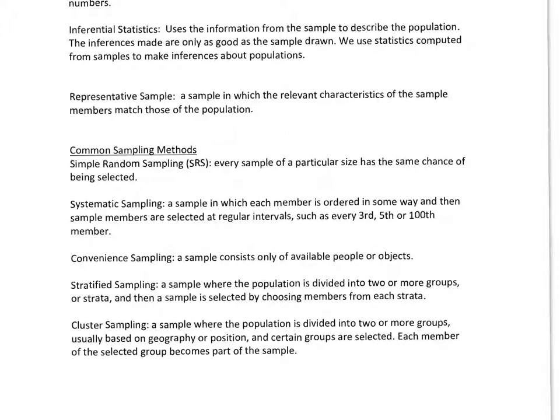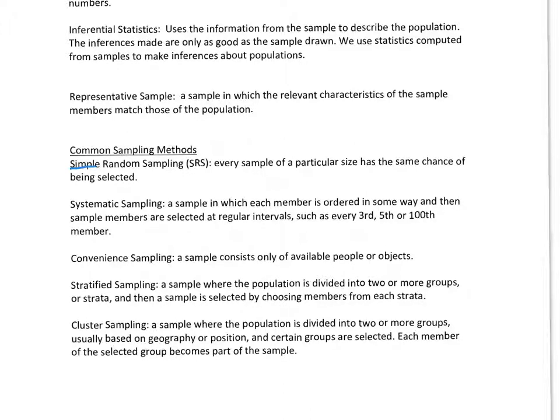You have the definition. I don't think the definition is very helpful by itself. But for simple random sample, think about the simple part. The simplest way for you to randomize is for you to take, say, a list of names, put them on little pieces of paper, and then put them in a fishbowl and draw them.